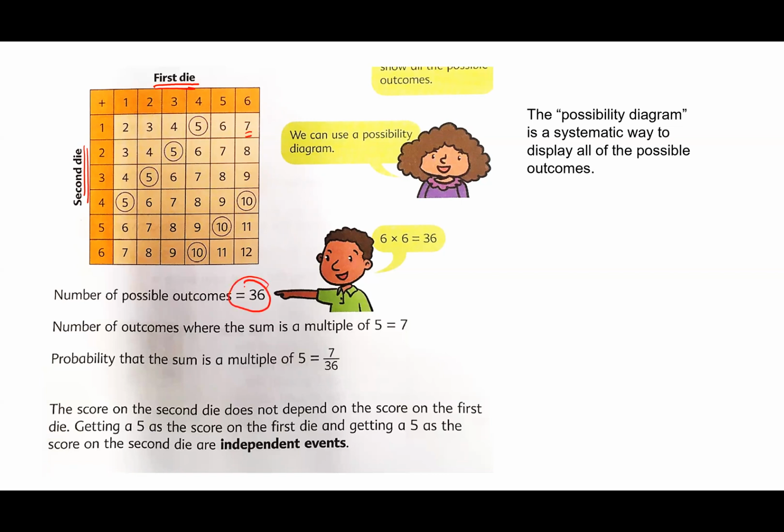Okay. So you can see we have 36 because we have all of the outcomes listed on the chart. We can also arrive at the number of 36 by multiplying 6 times 6, right? We have 6 possibilities on the first die and 6 possibilities on the second die. Does that make sense to everybody?